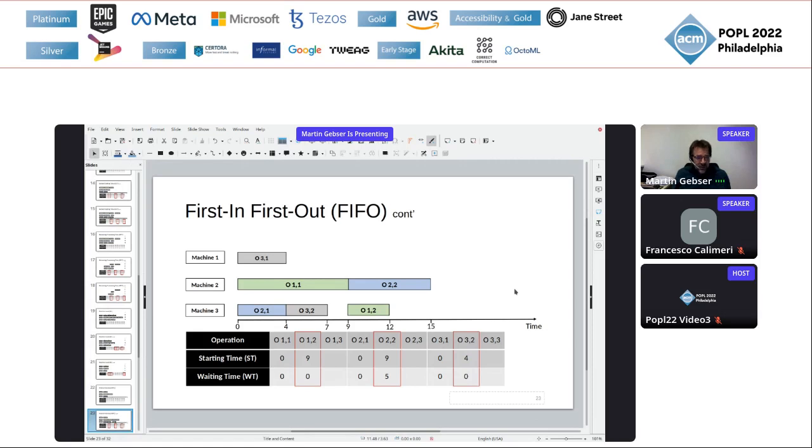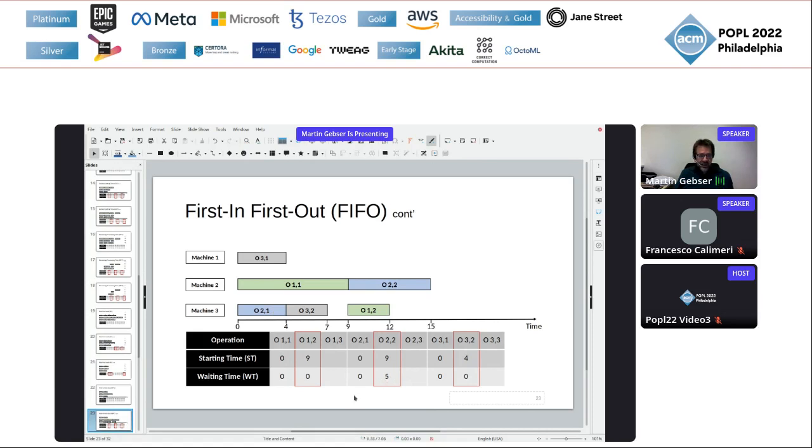And then we can continue to schedule the next operations of each of those jobs. And what might be interesting to see here, the second operation of the second job needs to wait for its machine to get free. So there is a gap to its predecessor, and this is also an attribute that is important in scheduling.